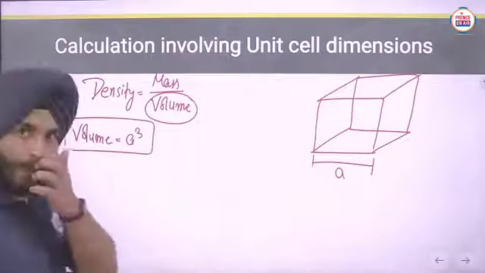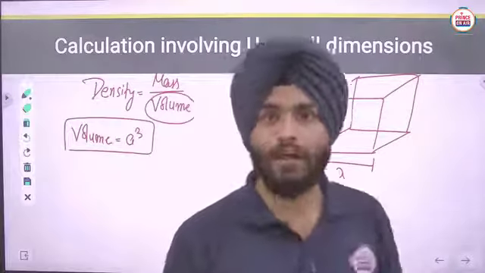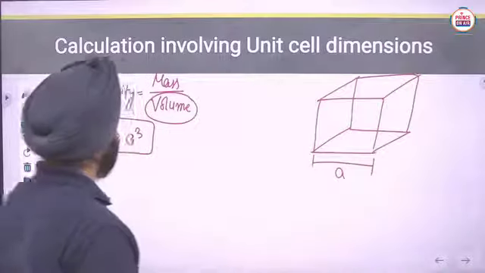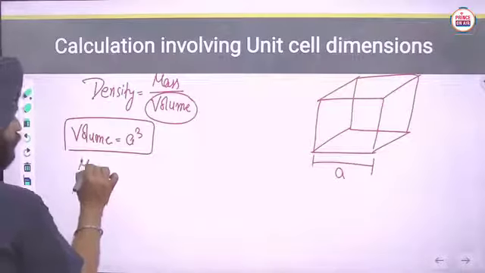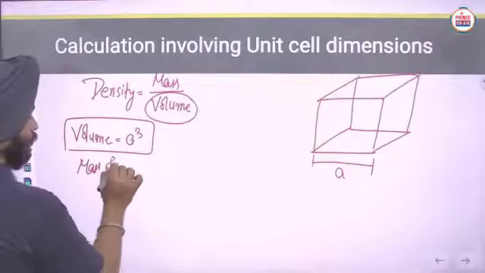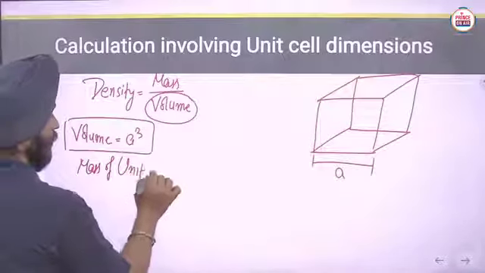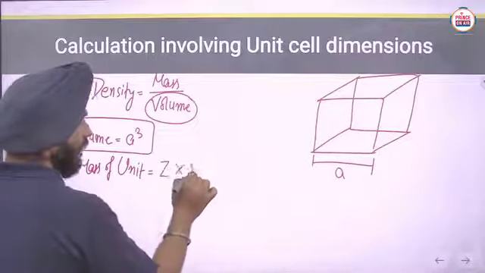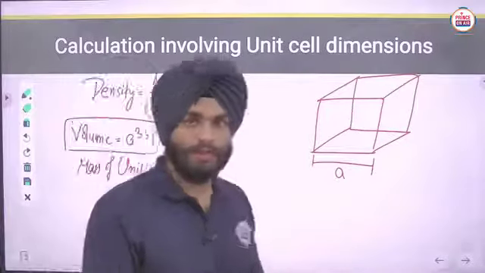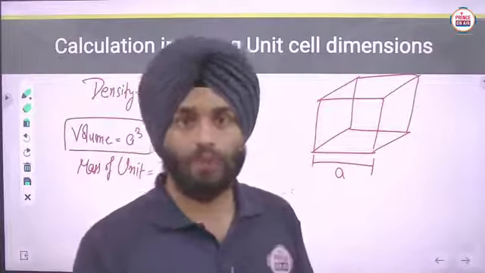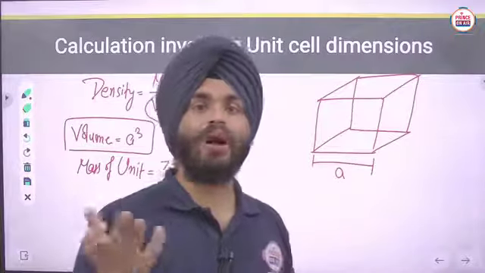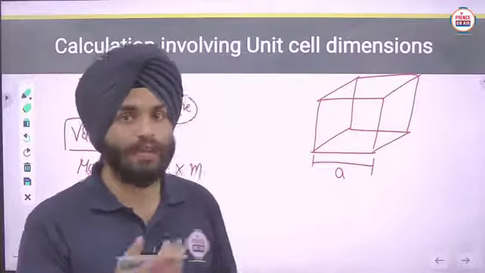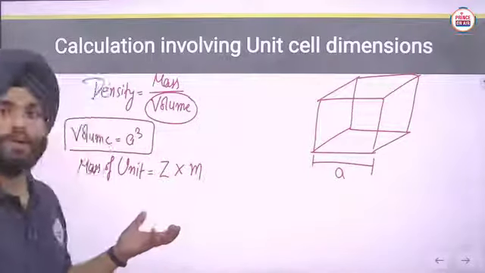Now we have to calculate the mass. How can we calculate it? Mass will be equal to the mass of the unit cell. It will be equal to the number of particles times the mass of a single particle. Okay, the number of particles into the mass of a single particle will come out to be the total mass of the unit cell.